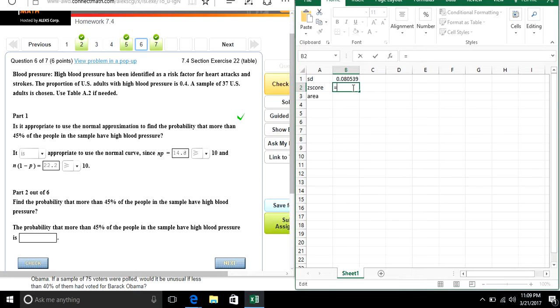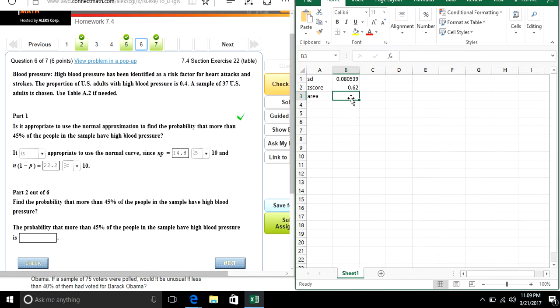Alright, so our z-score is 0.45 minus 0.4 divided by our standard deviation. Let's put this to 2 decimals, because z-scores for our tables use 2 decimals. So 0.62.